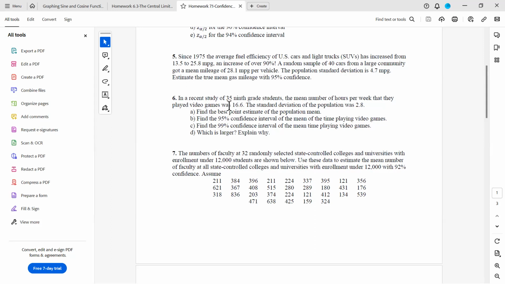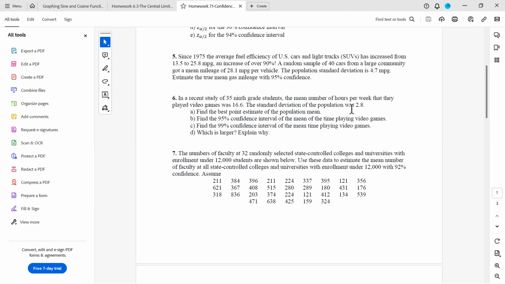That's my N, right? Which mean is the 16.6? Sample mean? That's right, because it says they. Who's they? This is my study of 35. So this is my X bar, okay? This is the middle of my interval, right. And it says the standard deviation of the population, this is my sigma, was 2.8.